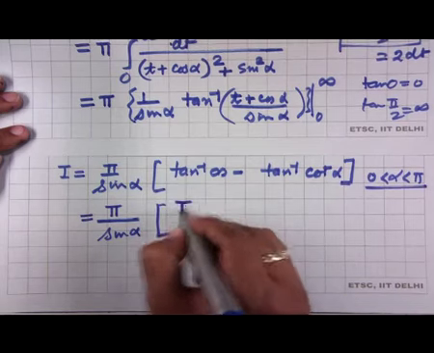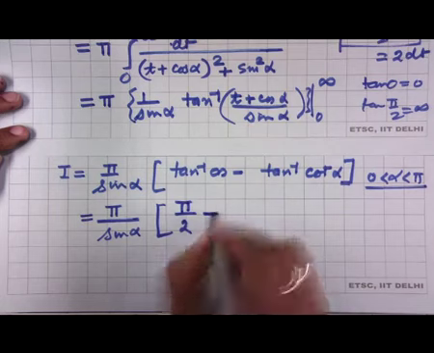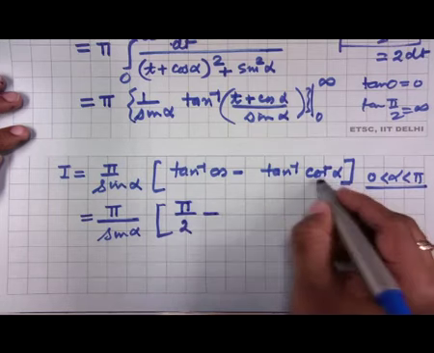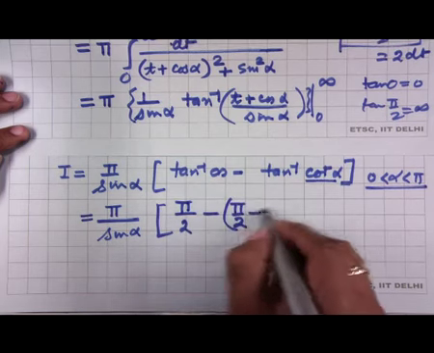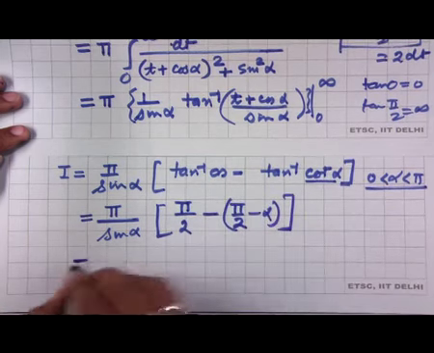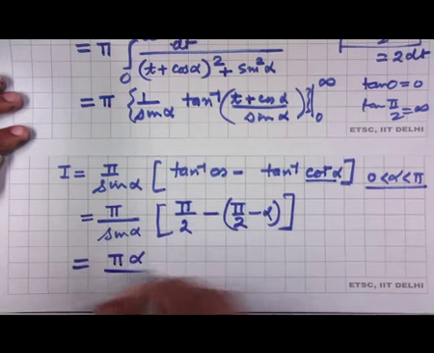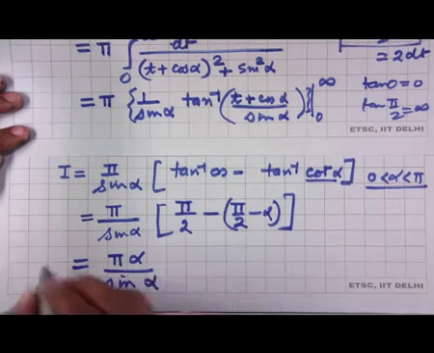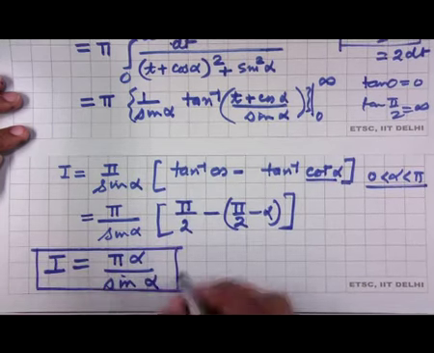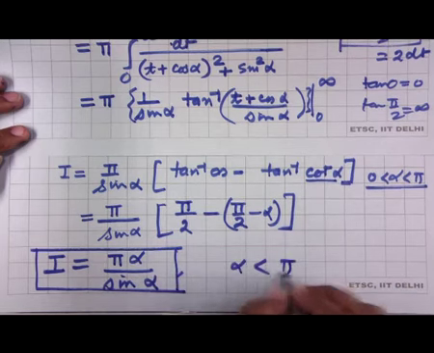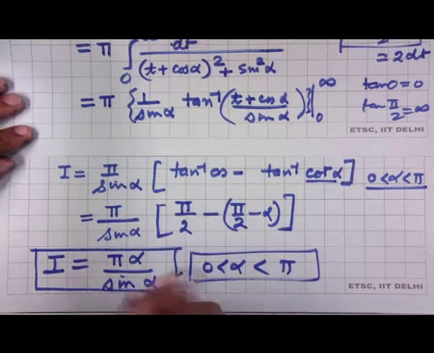This will give you pi by 2 minus, this you can write as tan inverse tan of pi by 2 minus alpha, so the value of the integration is pi times alpha by sin alpha. So the final value of the integration is pi alpha by sin alpha, where alpha is given to be between 0 and pi. This completes the solution of this problem.